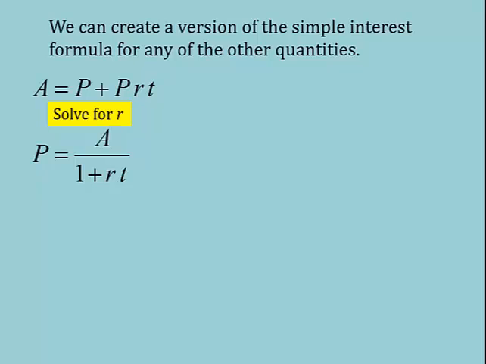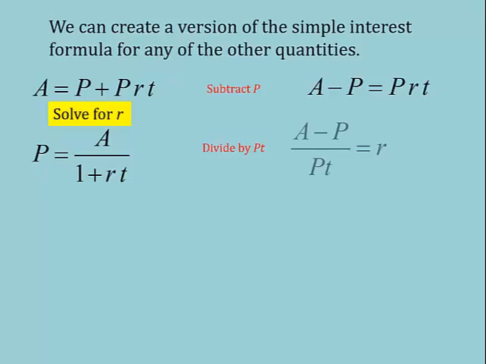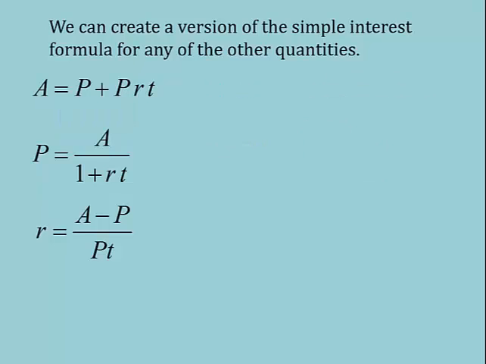Now, if we want to solve for the R, we need to subtract the P from both sides, and then divide by the P and the T. So here's another formula, same as the simple interest formula, but solved for R. We'll use that after a while too.